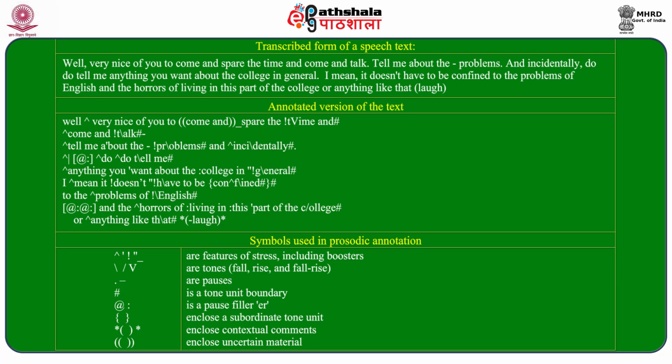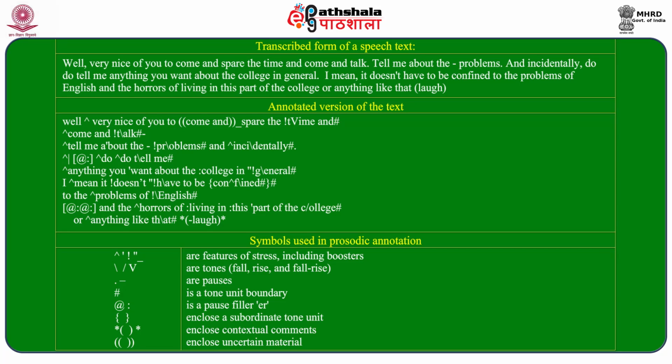So we need to have unique symbols to mark out the features of speech. Suppose we can have specific symbols that indicate stress or boosters. We can also have specific symbols for tones or tonal variation, for rising tone, falling tone, rising-falling tone, falling-rising tone.